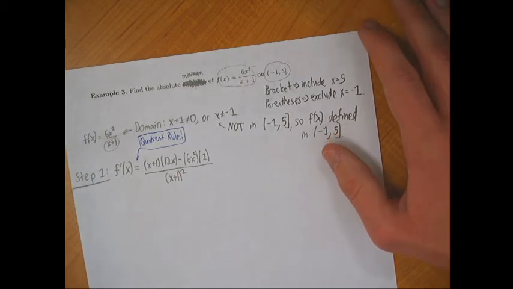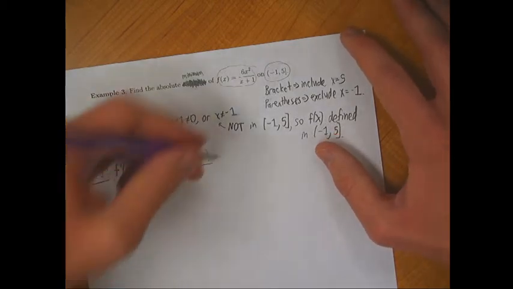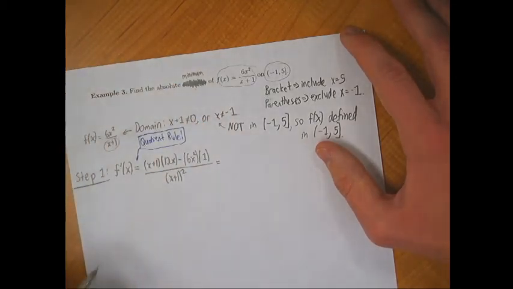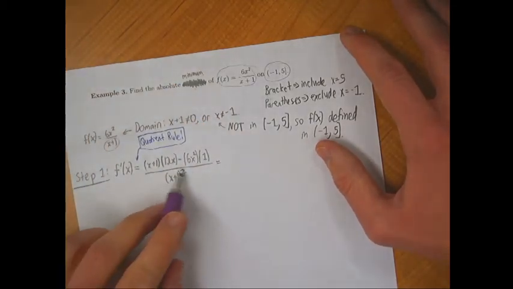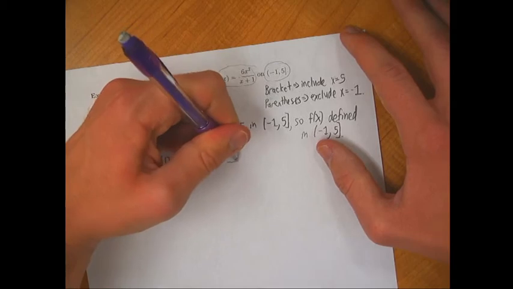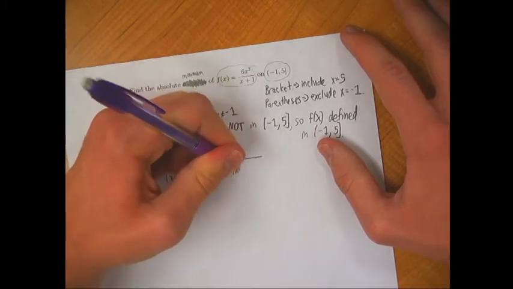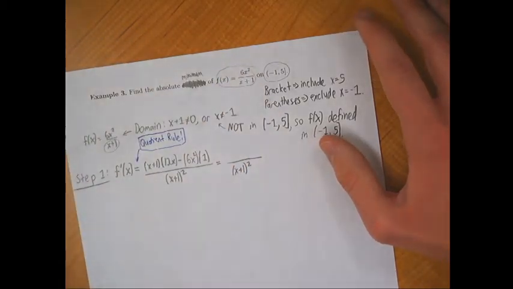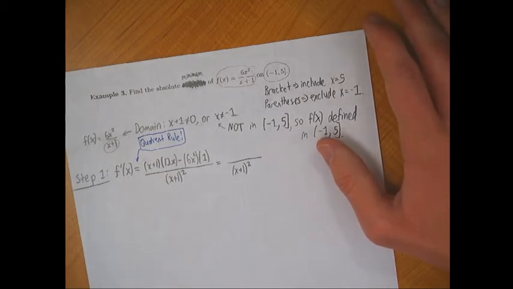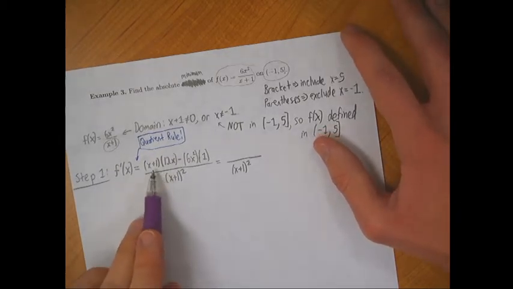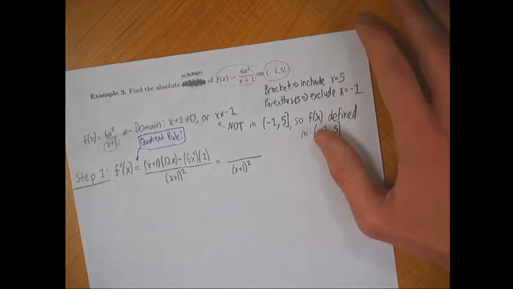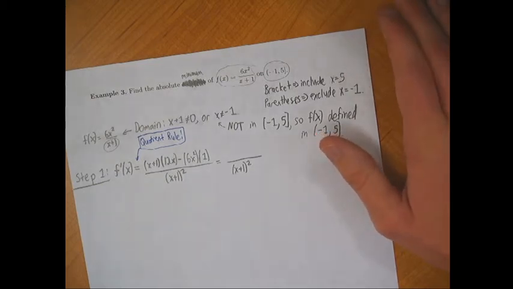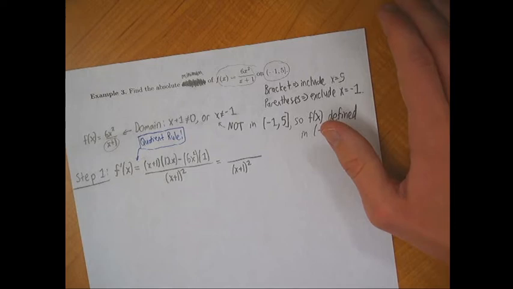Okay? So now from this, let's go ahead and clean this up a bit. Let's leave x plus 1 quantity squared alone, because there's not much we can do with that for now. If we simplify the numerator as much as we possibly can, what do we end up with for our numerator?